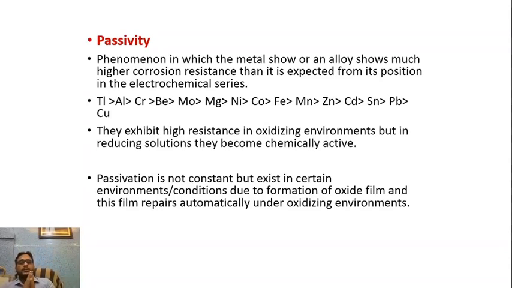It only shows under certain environments due to the formation of a very protective corrosion product or oxide film on the surface. So this is all about galvanic corrosion, concentration cell corrosion or differential aeration corrosion, and passivity. In the next lecture, we'll discuss some more types of corrosion on metal surfaces. Till then, thank you very much.